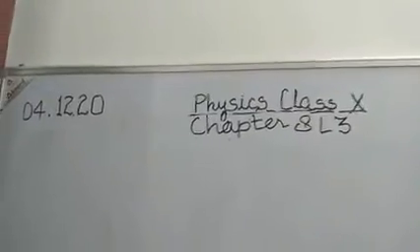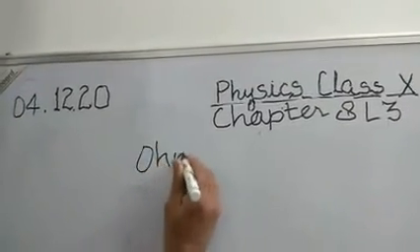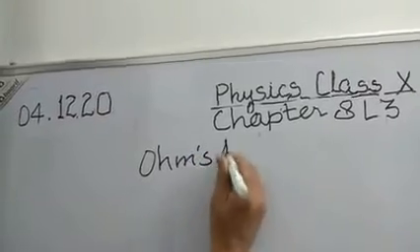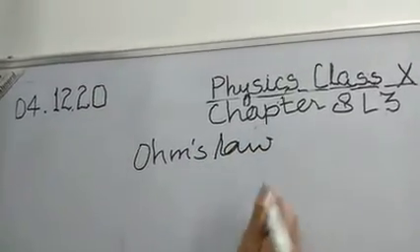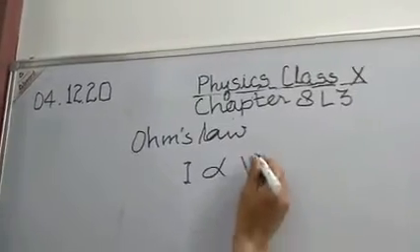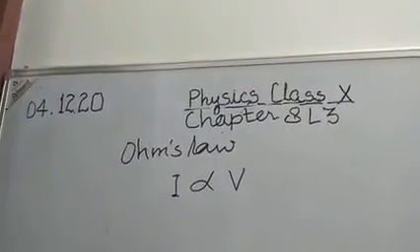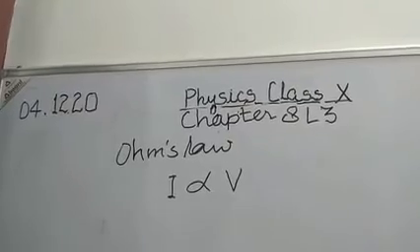Last time we were talking about this particular law, Ohm's law, which stated that current flowing through a conductor or a wire is directly proportional to the potential difference applied across the ends of the wire.